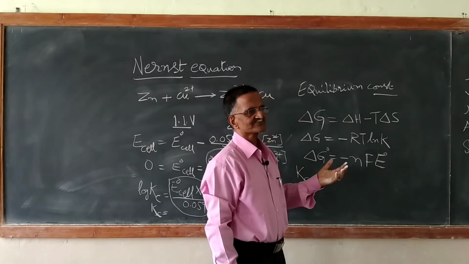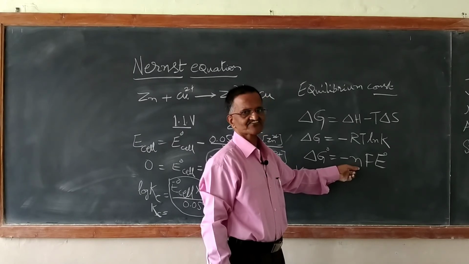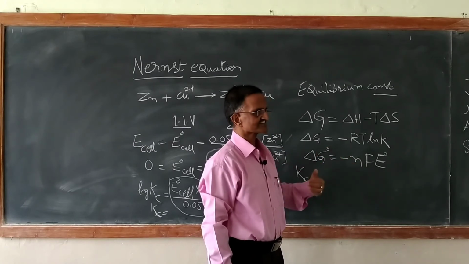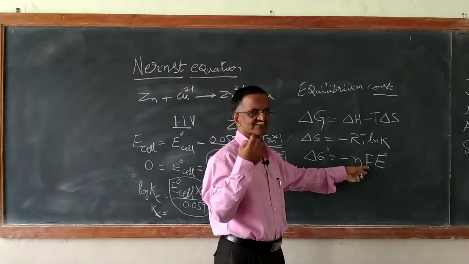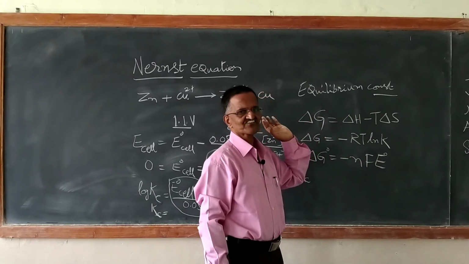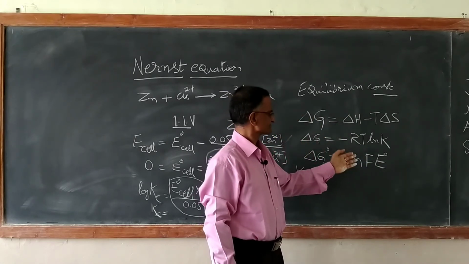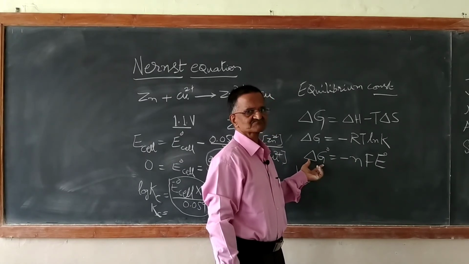Depending on the electrochemical cell, n is the number of electrons involved in the transfer during the oxidation and reduction process. F is Faraday, I told the value yesterday. E naught, what is that? The EMF of the cell that you are determining. So take those values and arrive at delta G.